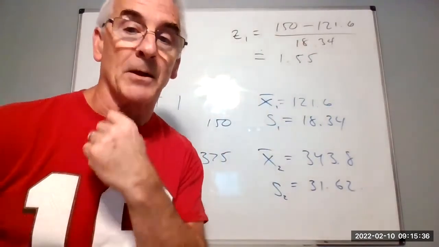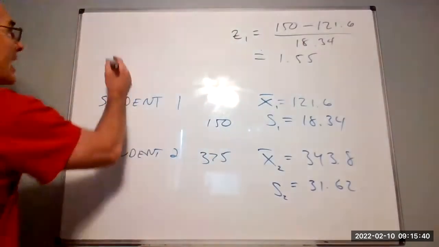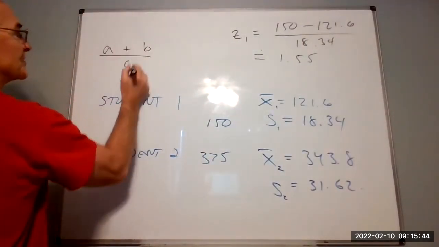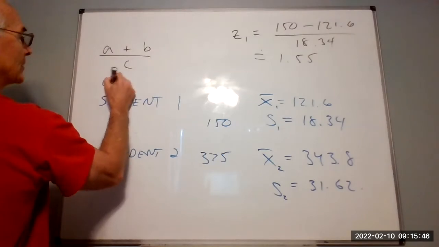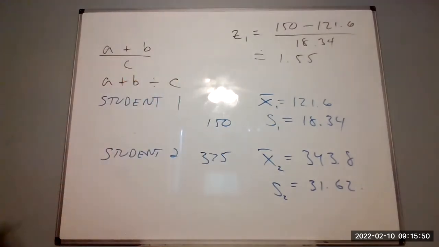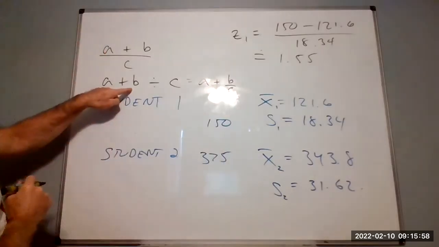I'm glad you brought that up because this is a problem that algebra students have all the time. If I want to do a plus b all over c, and I enter into my calculator a plus b divided by c, will that work? No. Order of operations says I just did this.